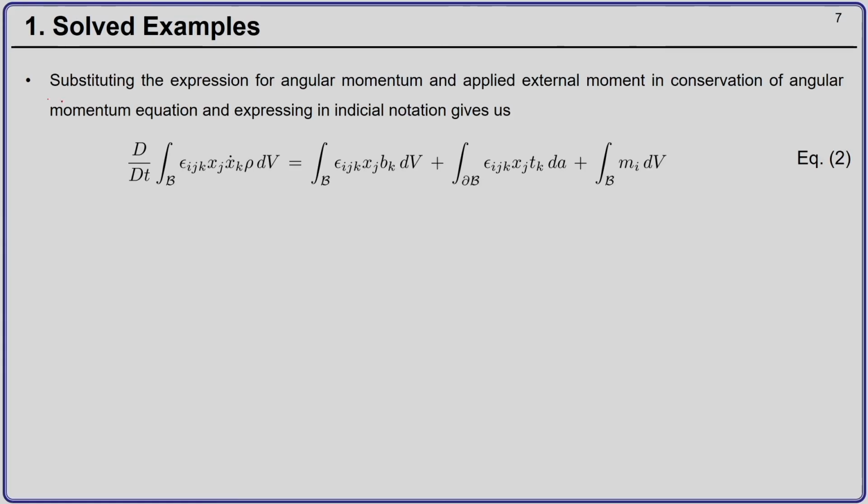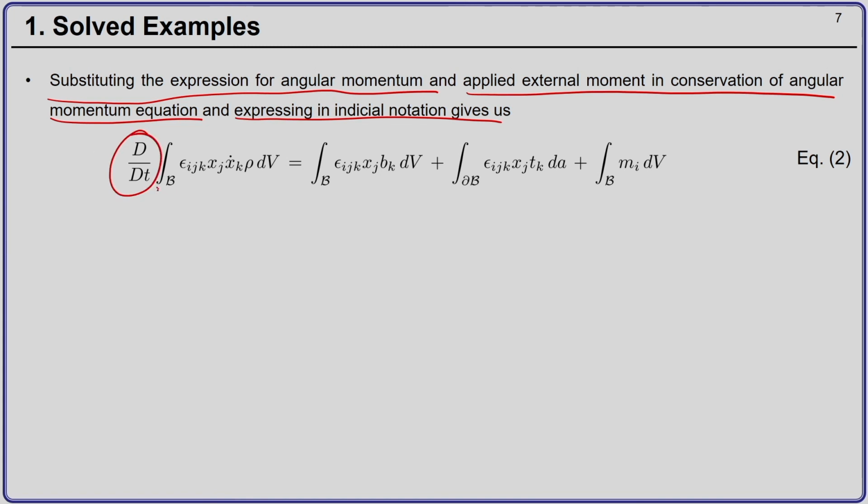substituting the expression for angular momentum and applied external moment in the conservation of angular momentum equation, and then expressing in index notation, we get that the material time derivative of the moment of linear momentum should be equal to the moment of the body forces plus the moment of the surface tractions plus the distributed moments.